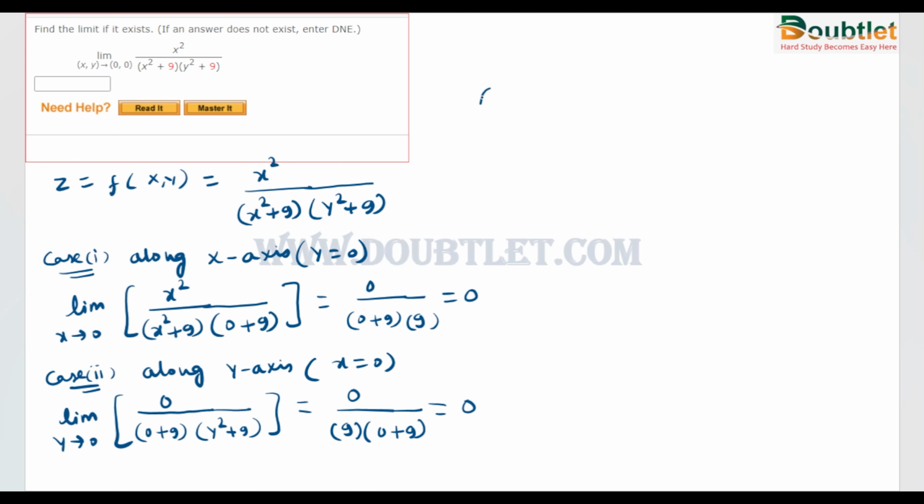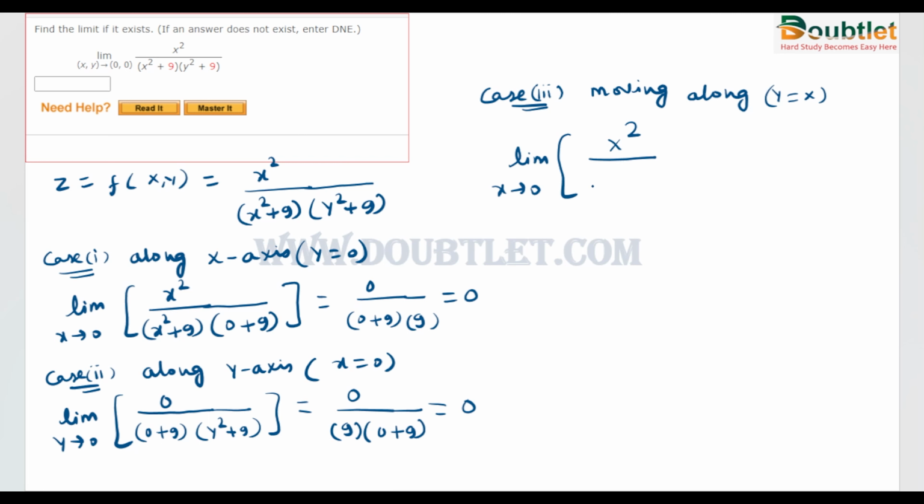Now we will consider the third case. Suppose we are moving along the line y is equal to x. We can take any variable here tending to 0. If we put y is equal to x here, it will become x square plus 9, and again x square plus 9.